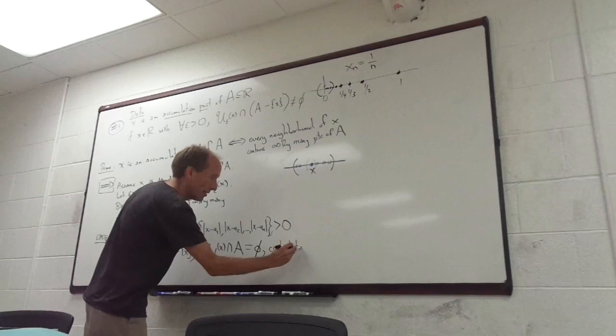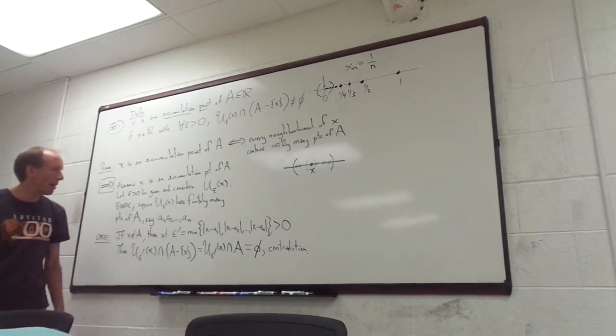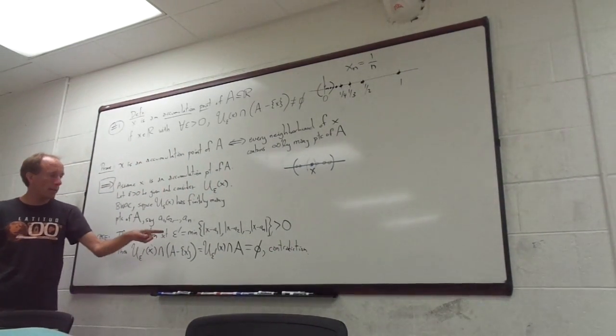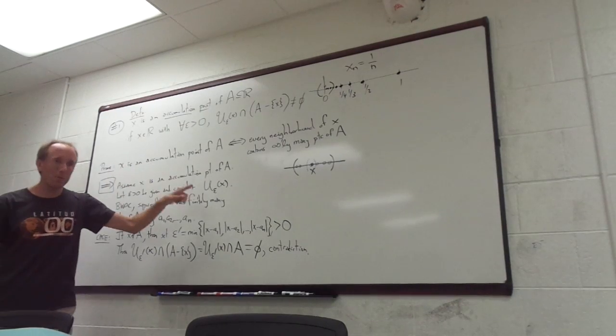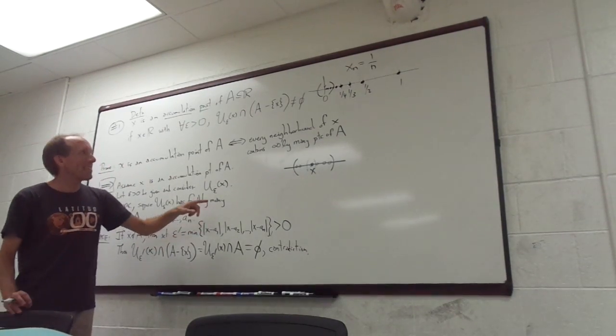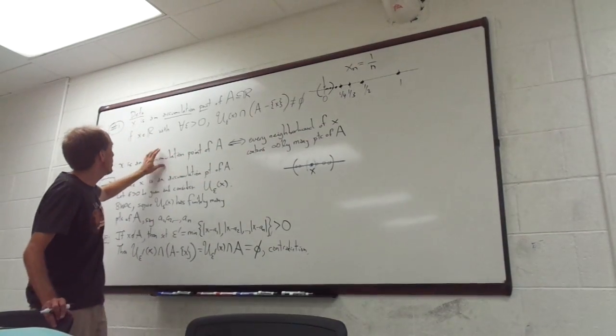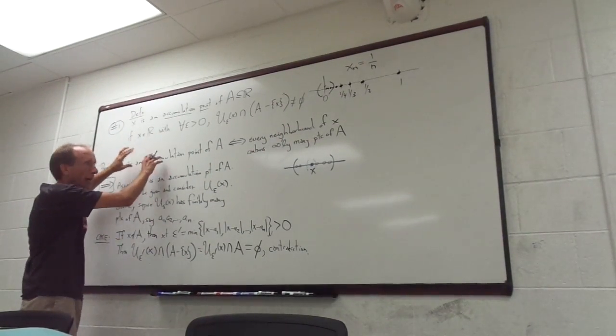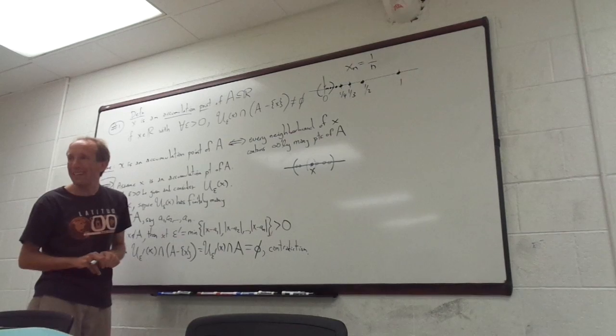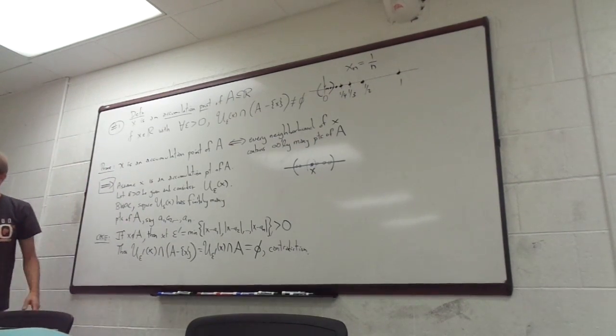Does that make sense? We found an epsilon, but it's not the same as the epsilon we started with. There's an epsilon for the neighborhood of x we're looking at, and another epsilon on the other side of the biconditional for the accumulation point, and they're not necessarily the same number.